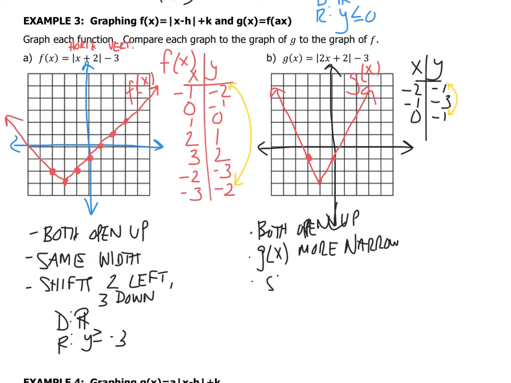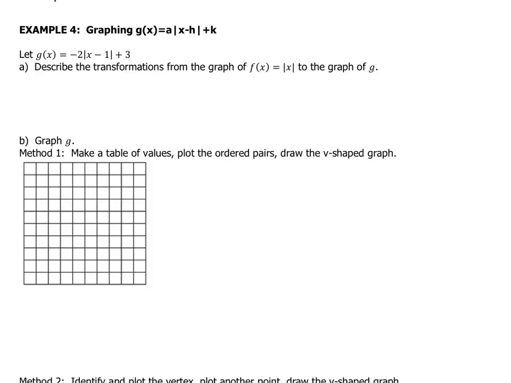And the vertex, and really all the points, not just the vertex, are shifting 1 to the left and 3 down. Okay, and then looking at the graph, domain, all real numbers, range, just like the last one, y is greater than or equal to negative 3.